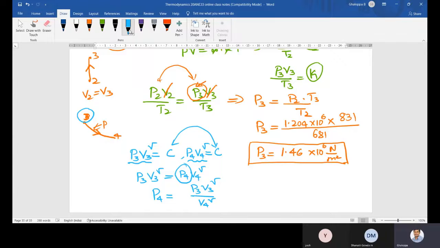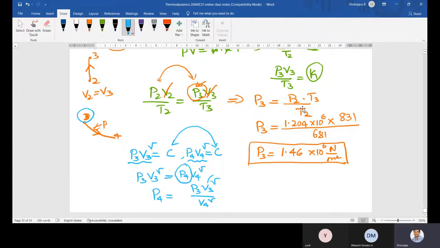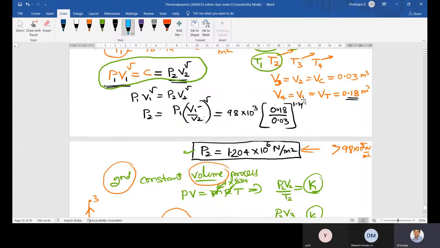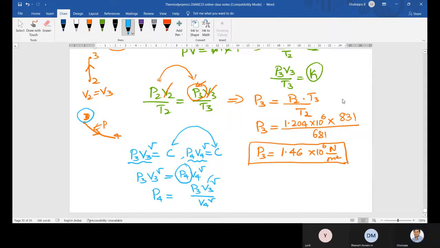Now cross check V3 and V4. On the previous page at the top you have written V3 and V4. V3 is equal to V2, that is the clearance volume, 0.03, and V4 is equal to V1, that is 0.18.